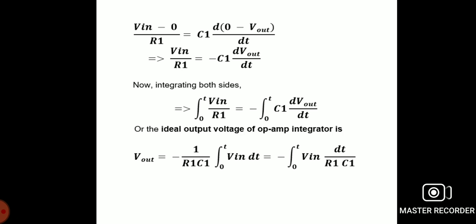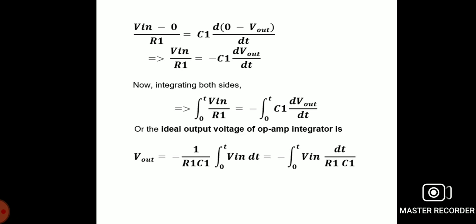If RC is 1 second, then the output voltage V naught is equal to minus the integral of Vi dt. So the operational amplifier based integrator circuit discussed above will produce an output which is the integral of the input voltage Vi when the magnitudes of the impedances of the resistance and capacitance are reciprocal to each other.